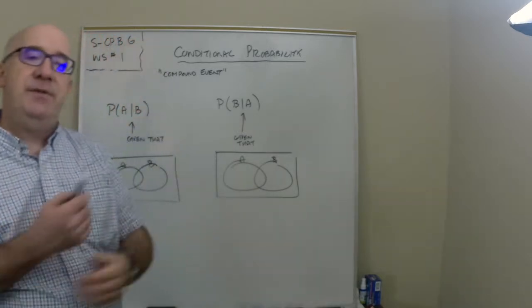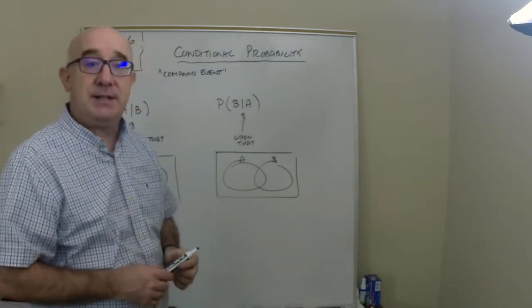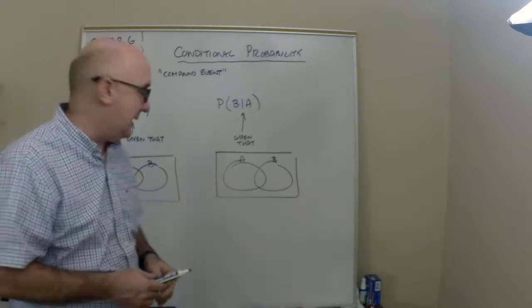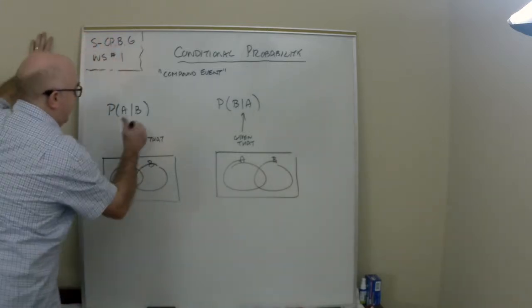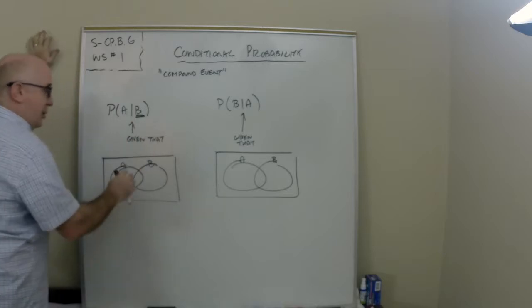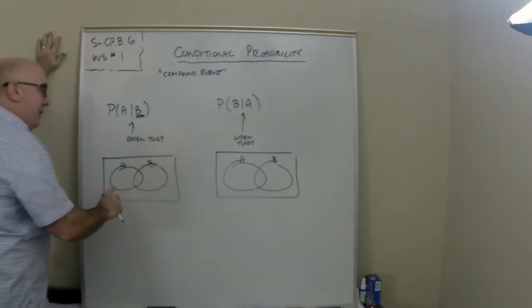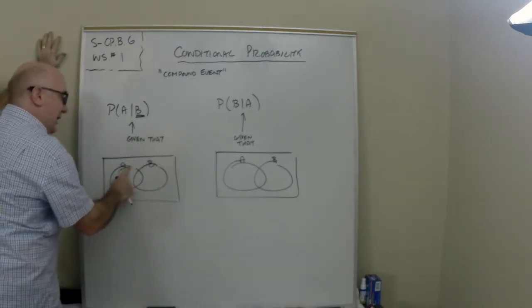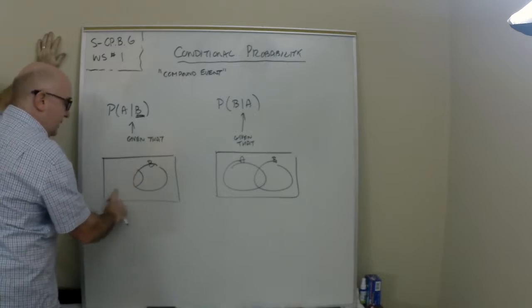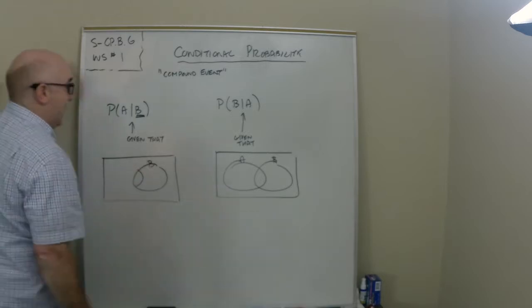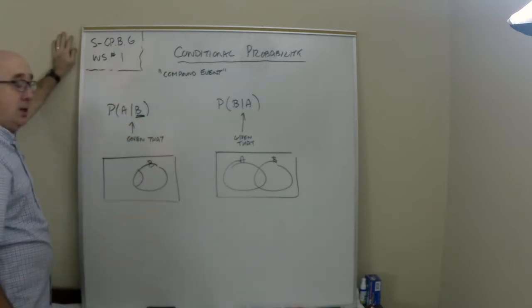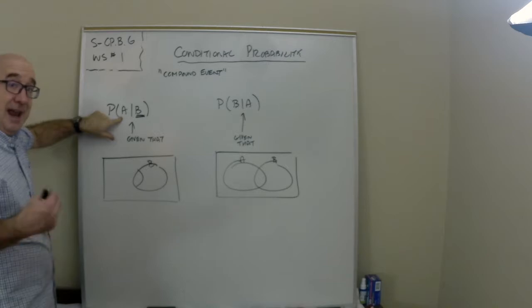Now let me try and give you a visual understanding of what this is ultimately going to calculate. This says given that B has happened, so in the Venn diagram we know that B has already happened. So it basically says, okay, it's none of these things. We're in this boundary now because B has happened. What's the chances of getting an A event?